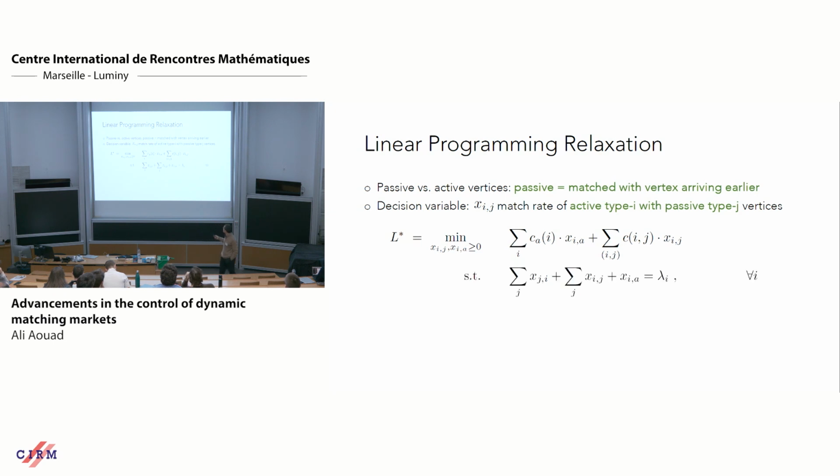And then the constraints that come next come from this notion of a fluid relaxation, or flow balance: any agent that comes to the market will either be passive or active, or will abandon. So I can write this equation that lambda_i decomposes into these different terms. This is what some of the queuing literature refers to as the fluid relaxation of this problem.